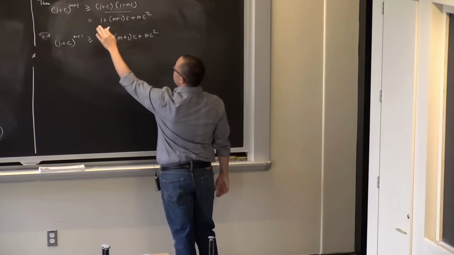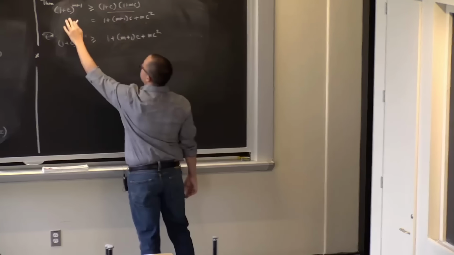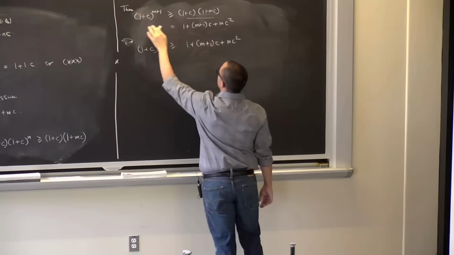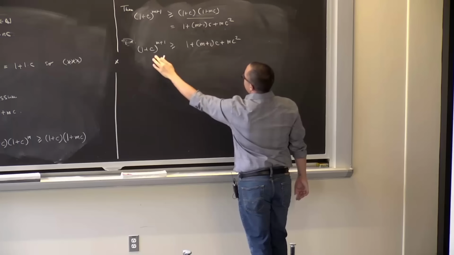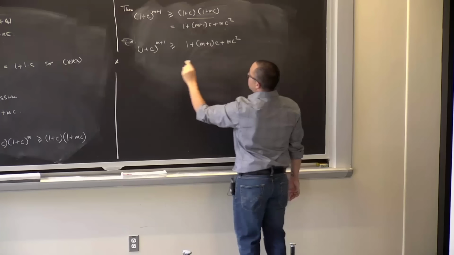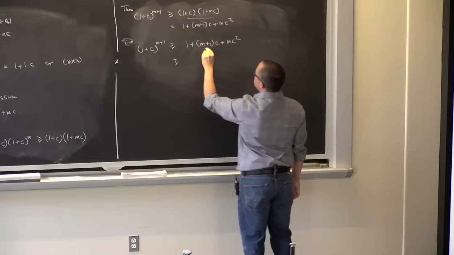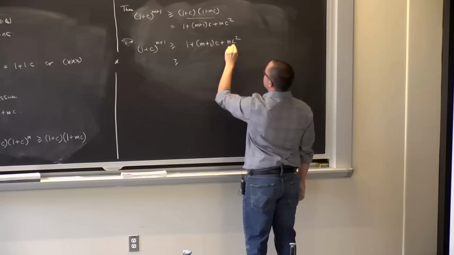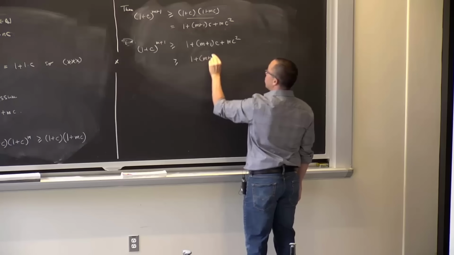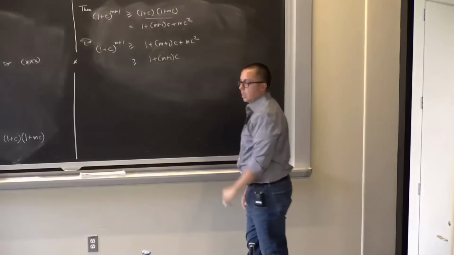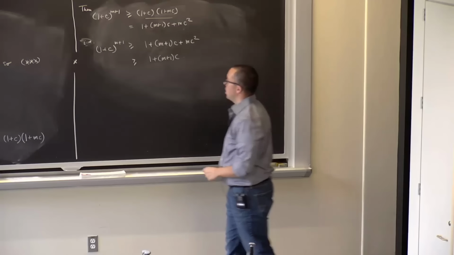I'm not rewriting anything, just summarizing what I've done. Now this right-hand side is a number plus something non-negative, m times c squared, since m is a natural number. So this is bigger than or equal to 1 plus (m + 1) times c.